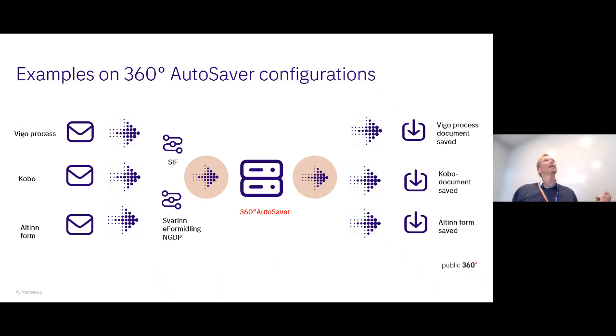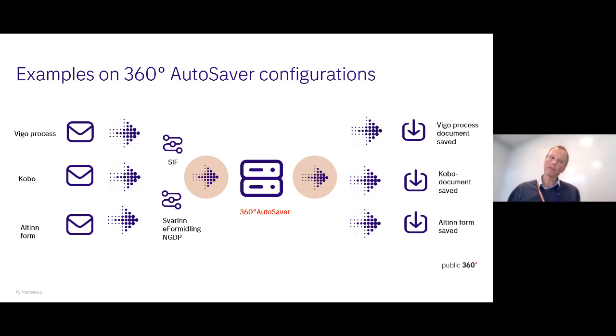Kobo is a Husbanken system that a lot of municipalities in Norway are using. So that is going to be in production at our early release customers, maybe this week already.